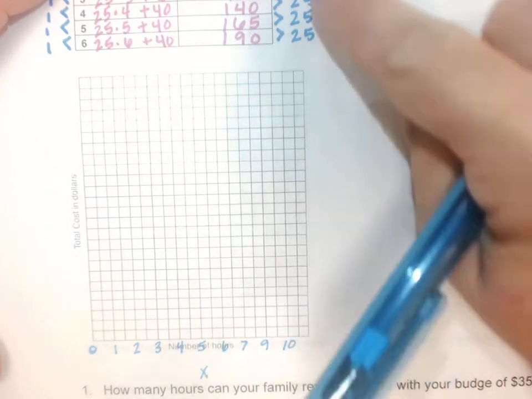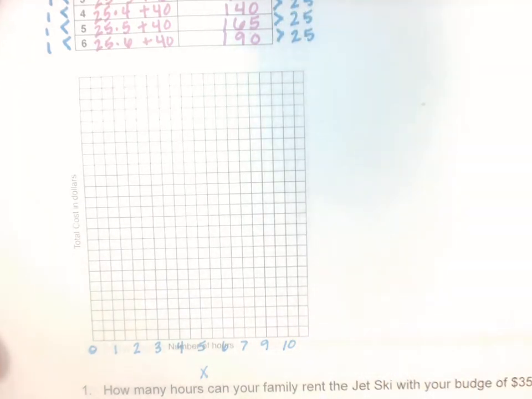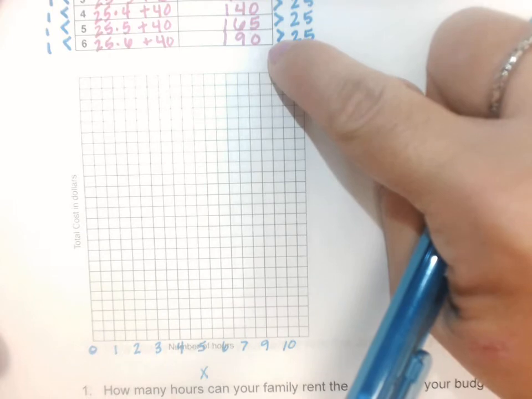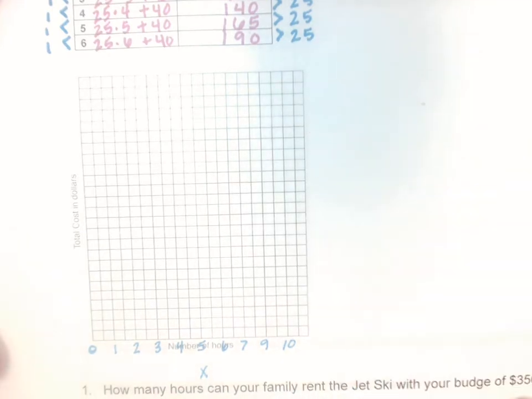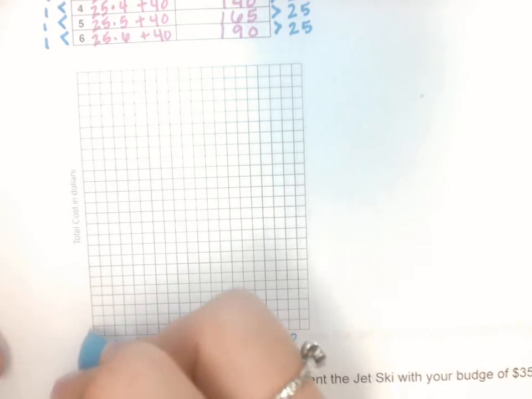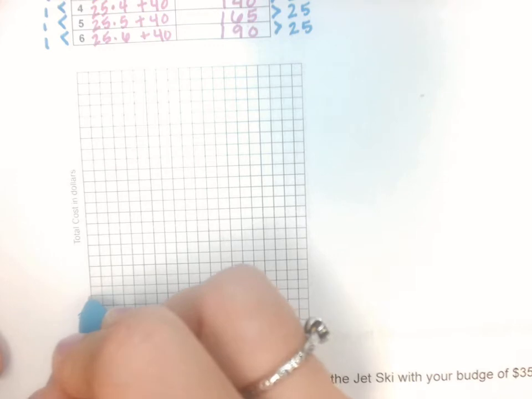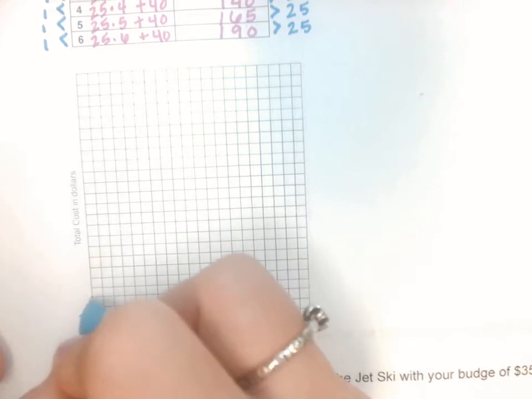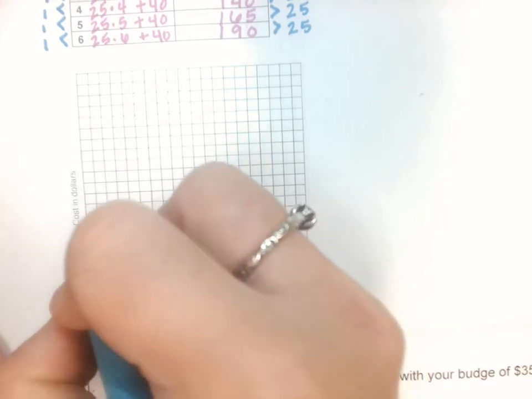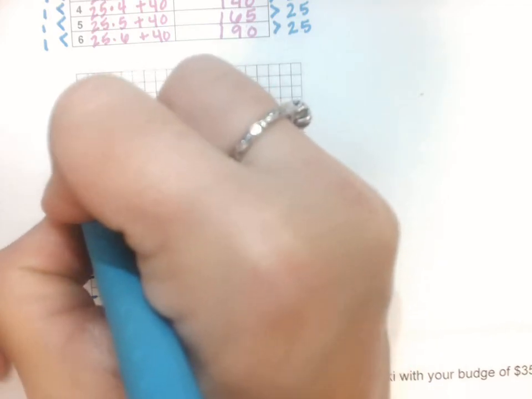Okay, and then here, I think a good thing to go up by would either be 30s or 15. I need to go up to at least 190 and preferably 350. So we'll say 15, 30, 45, 60. I'm going to do this for myself to kind of help. I'm going to go up by 30s, but I've skipped a line, so I'm really going up by 15.